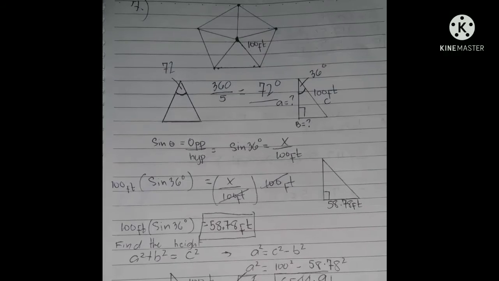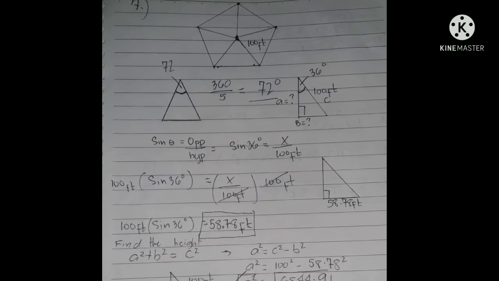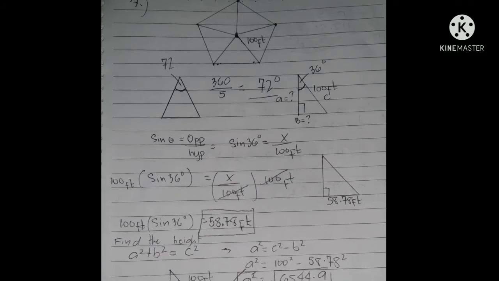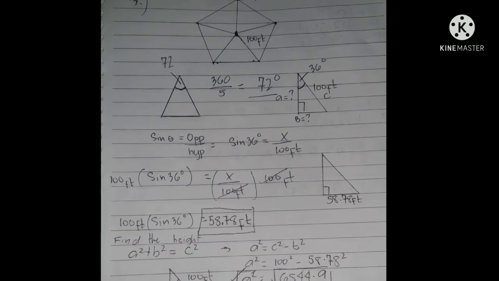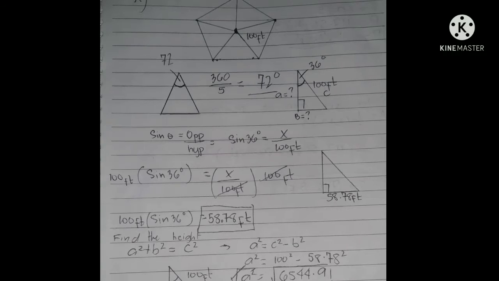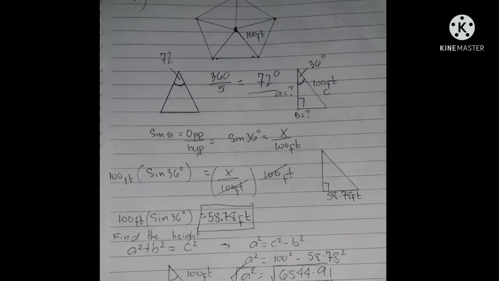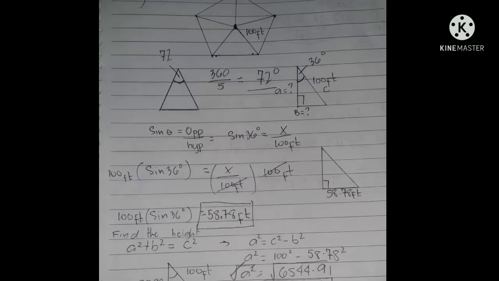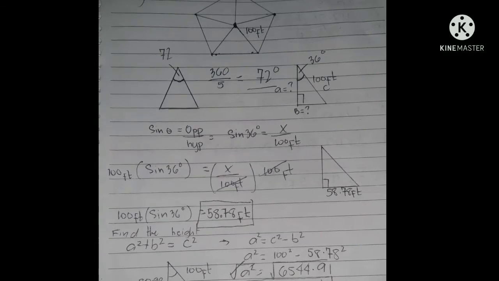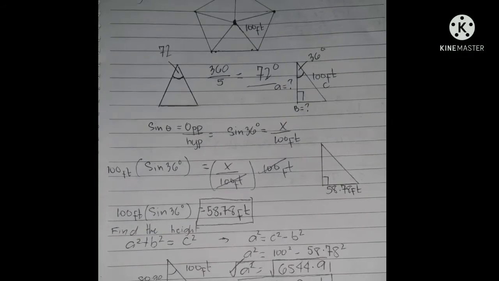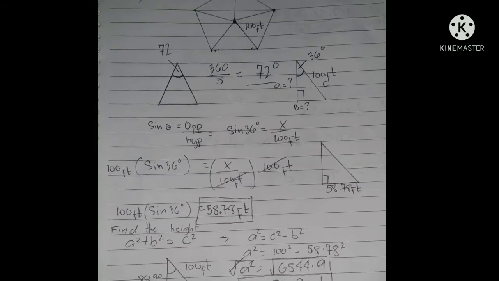radius of our circle. So what I did here, because this is a right triangle, I solved for the opposite, which is the b. So I use the formula sin theta equals opposite over hypotenuse. So sine 36 degrees equals, because our opposite is unknown, x over 100 feet. Then to get our x, or our opposite, I multiply both sides by 100 feet.